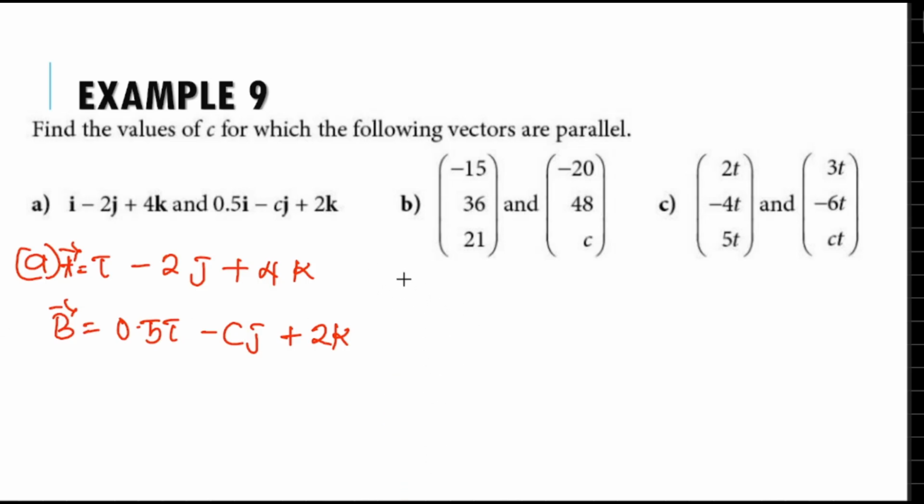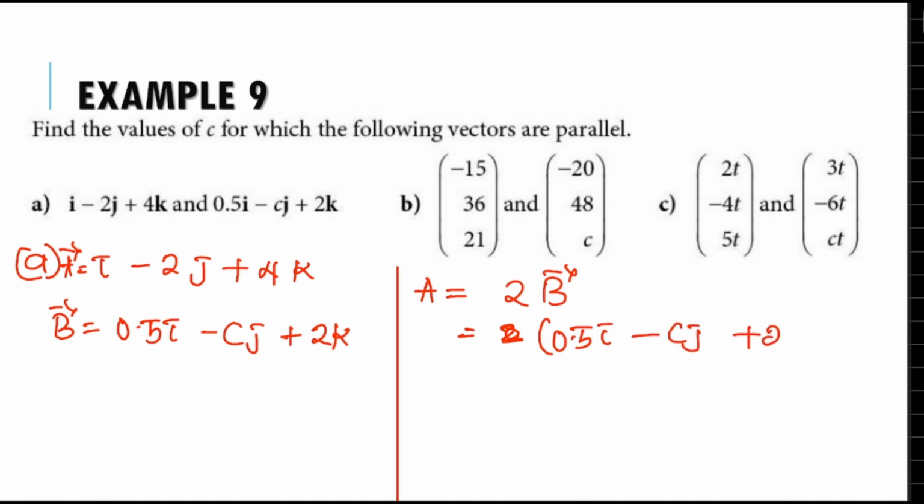If we analyze it, we'll see that A equals 2 multiplied by B, which is 2 multiplied by 0.5i minus cj plus 2k, and that equals i minus 2cj plus 4k, right? Good, plus 4k.